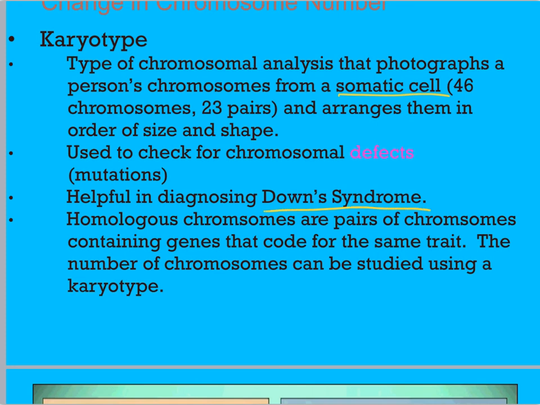Down syndrome is one of the most common genetic conditions where you have an abnormal number of chromosomes. So with a karyotype, your chromosomes are paired up by their homologues. Their homologous chromosomes are paired up. And so you can look at the number of chromosomes.